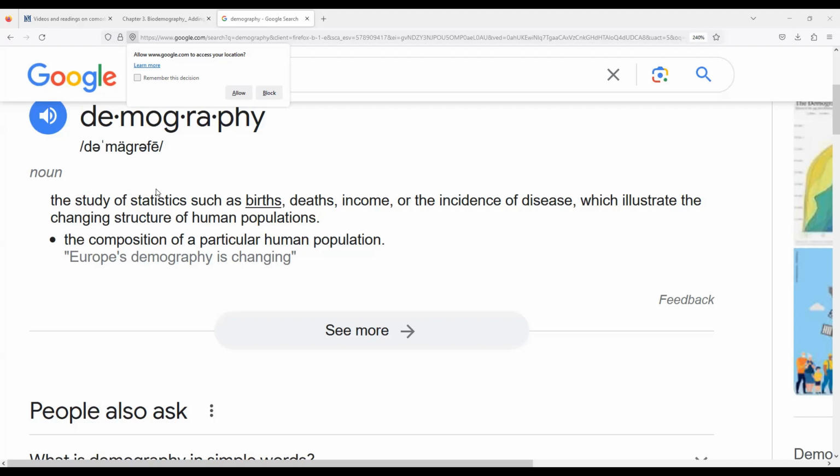And because of that, maybe given the demands of those societies, Thomas Malthus only focused on births, deaths, income, and incidents of disease.